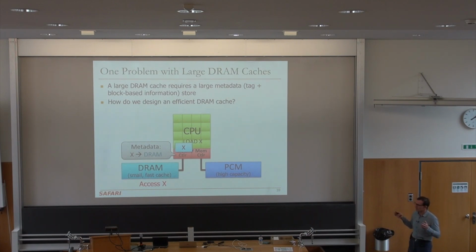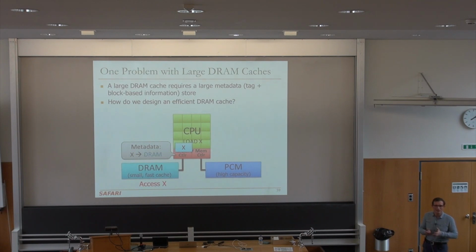Now let's do the calculation very quickly. If your DRAM is 1 gigabyte, 1 gigabyte is how much? 2 to the 30 bytes, right? That's small. Okay, 2 to the 30. If it's 2 to the 30 bytes and your cache block size is 64 bytes, 2 to the 6 bytes, now you have 2 to the 24 tag store entries, right?